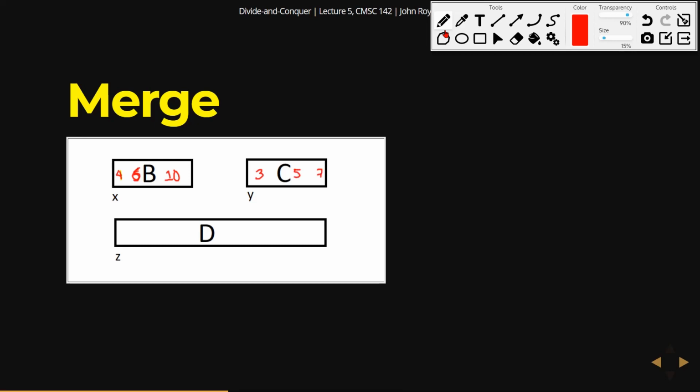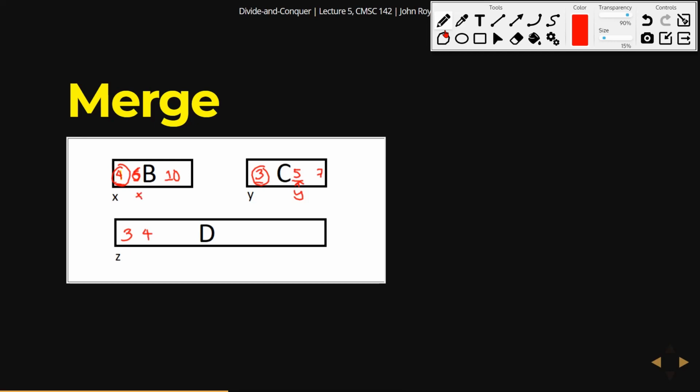So remember, in merge we'll compare the current ones for x and y. So 4 versus 3, which one is smaller? 3 is smaller, so we'll copy that first, and then we'll move y to the next one, because this has already been transferred. So this time we'll compare 4 versus 6. So 4 is smaller, so we'll copy that here, and then we'll move x.